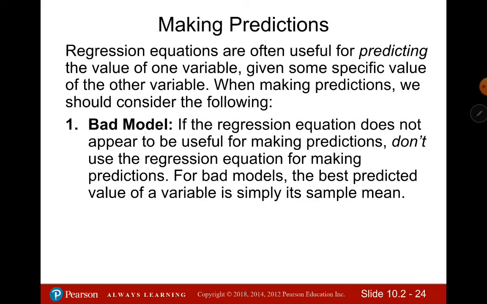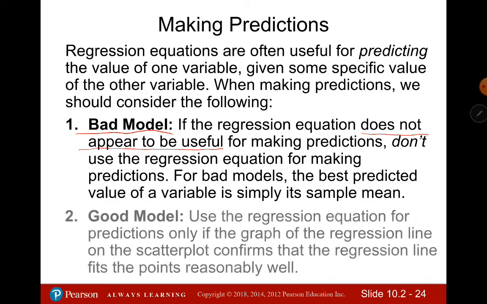So this is also from the step. We have a bad model if the regression equation does not appear to be useful for making predictions. So we call it a bad model. And if this equation is good for prediction, then we say that it's a good model.